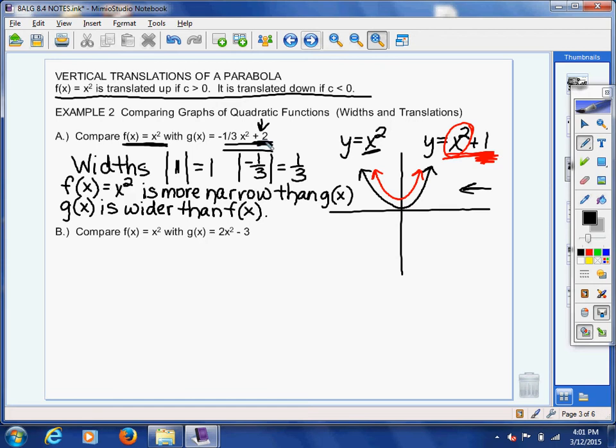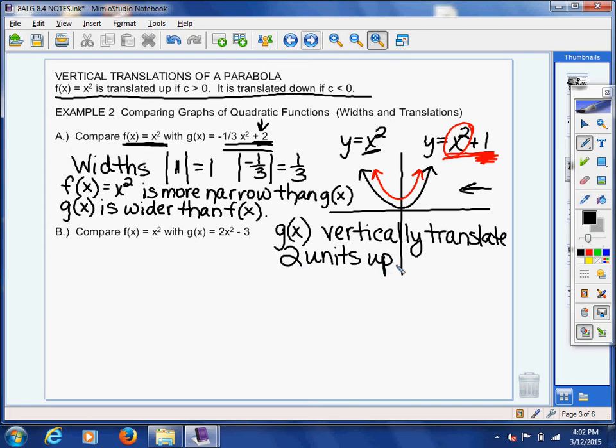What that tells us is that g of x vertically translates two units up. Okay? And that's how you would describe a vertical translation.